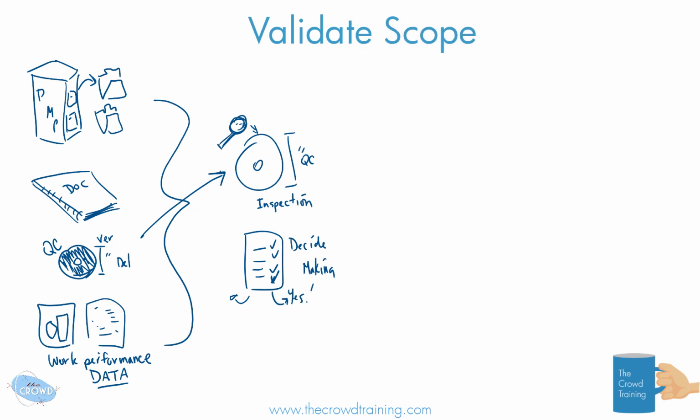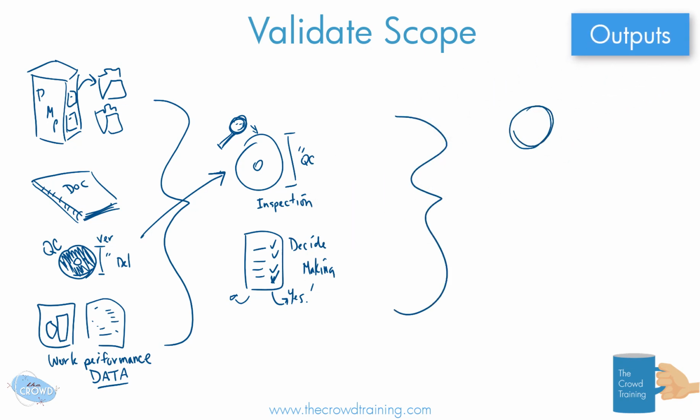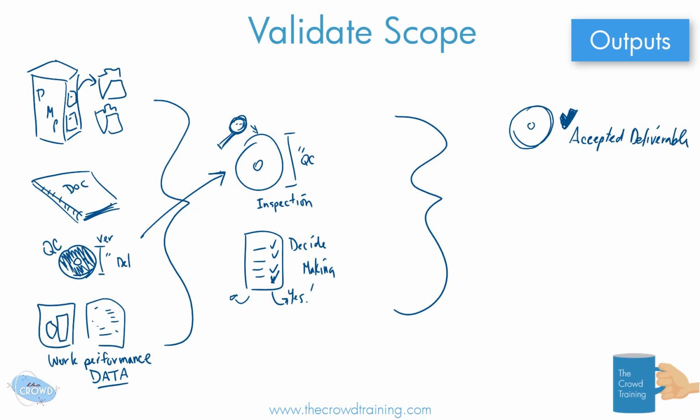We can then go to the outputs, and one output would be that this deliverable has in fact done everything that we said we're going to do or expect of it, and has met both the scope requirements and the quality requirements, so it's correct, it's fulfilled our needs. And so in that case we have accepted that deliverable, and whatever stakeholders are necessary to make that decision, accept it.